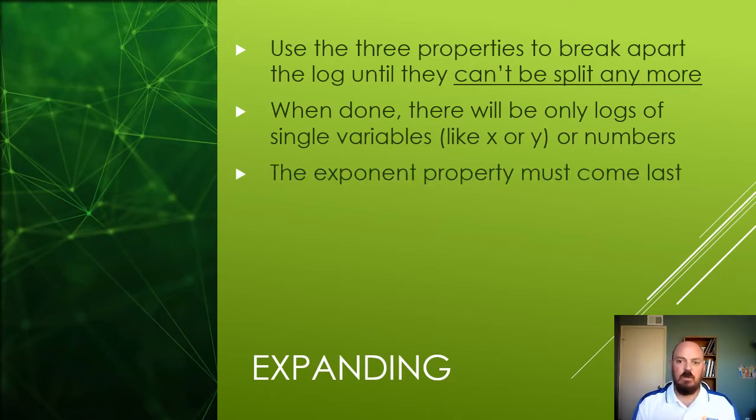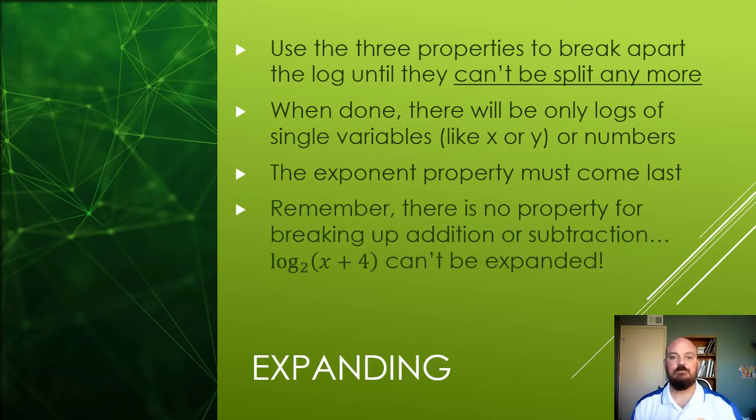We want the exponent property to come last, and I'll show you why in an example. Basically, if you have an exponent on one thing, you need to split it and take the exponent out. And then also remember, there's no splitting property for addition or subtraction. So I gave you an example here. If you have the log base 2 of x plus 4, that's finished.